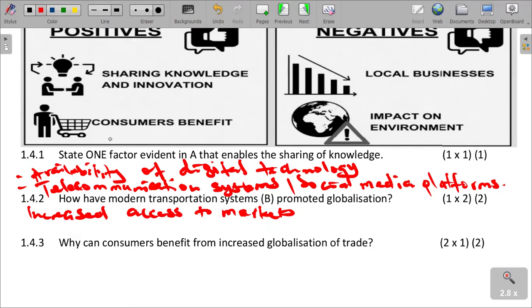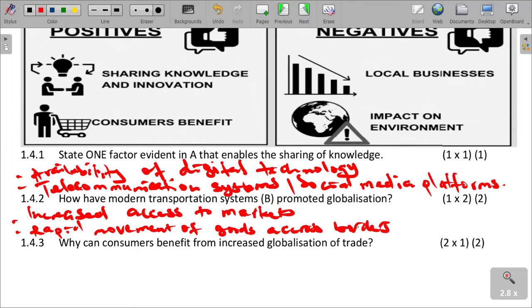We have the issue of a quicker transport system: rapid movement of goods across borders is also another advantage that we can mention in that regard.